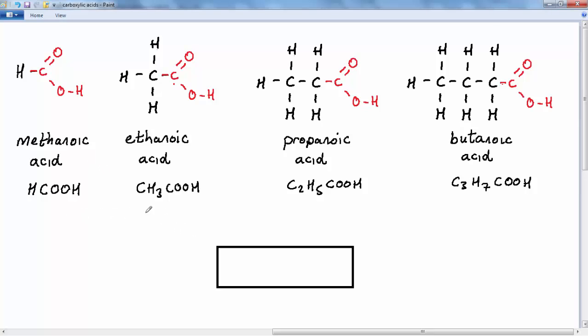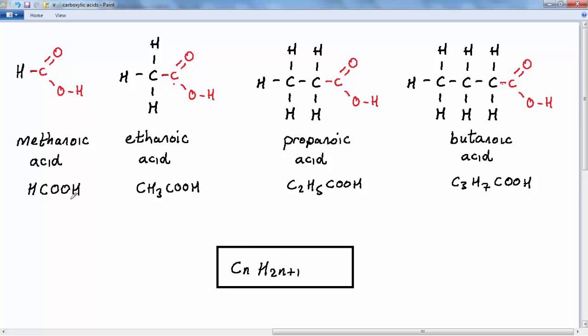And then to see the general formula for this series, well, let's start off with ethanoic acid. You can see for the carbon we have 3 hydrogens, then 2 carbons 5, so we can write for every n carbon atoms we have H and then 2n plus 1 hydrogen.